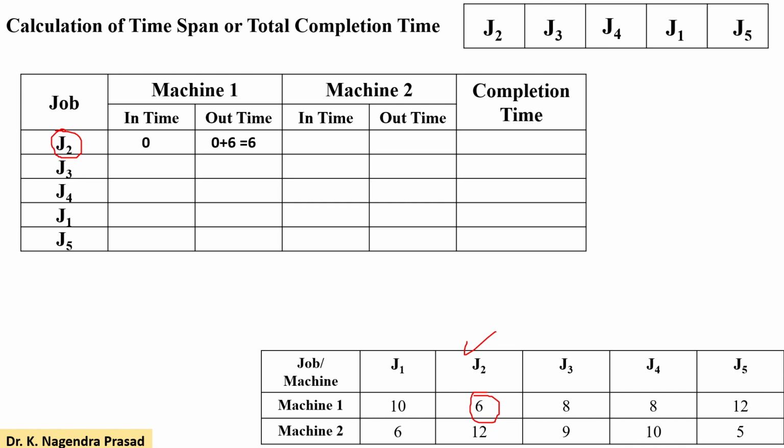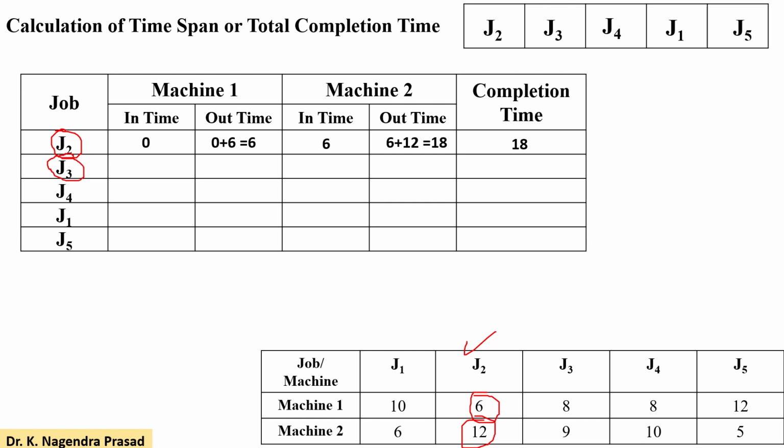Next, job J2 has to move to machine 2, but up to 6 hours job J2 is engaged with machine 1. So after 6 hours only, it moves to machine 2. Then the in time on machine 2 for job J2 is 6 hours, and the out time is the in time plus the processing time, that is 6 plus 12, which equals 18. The completion time for job J2 is 18. Next we look at the next job, job J3.